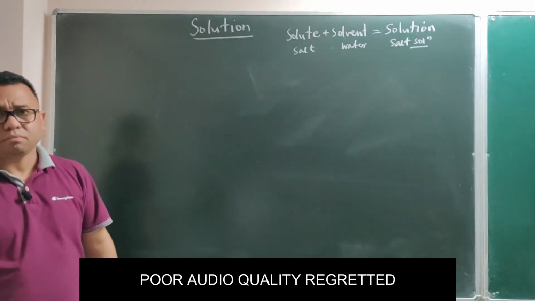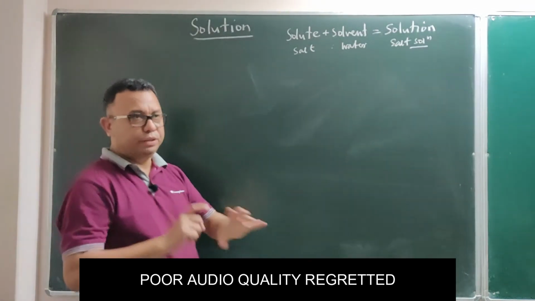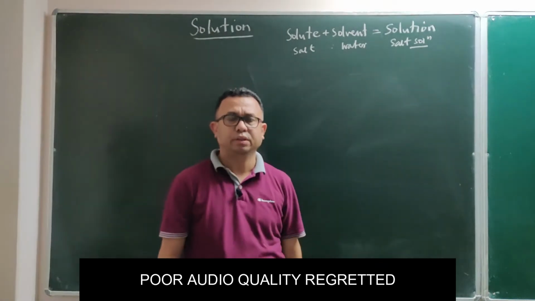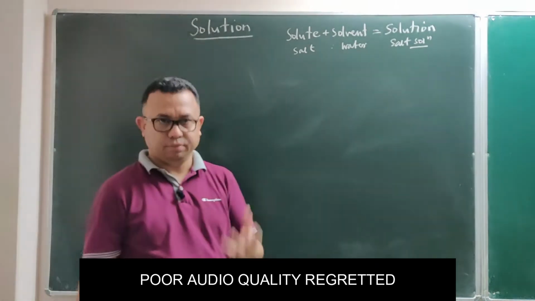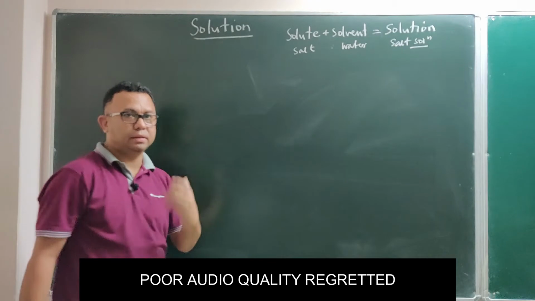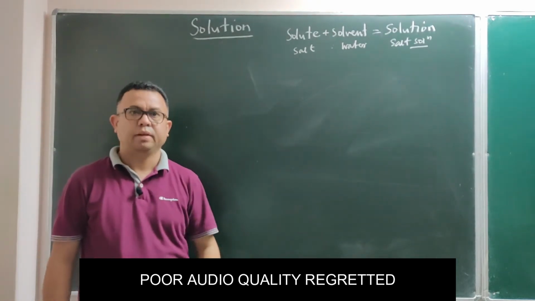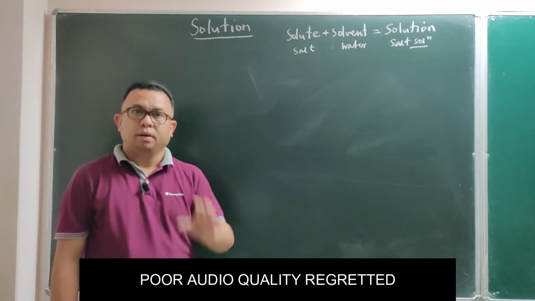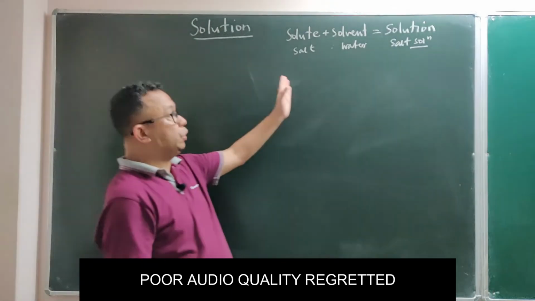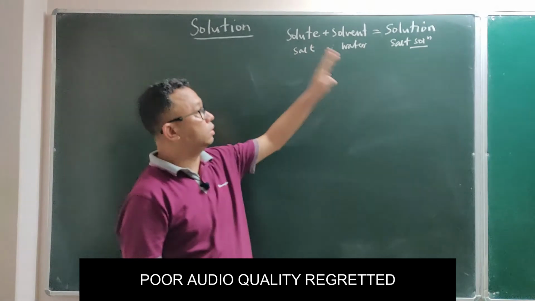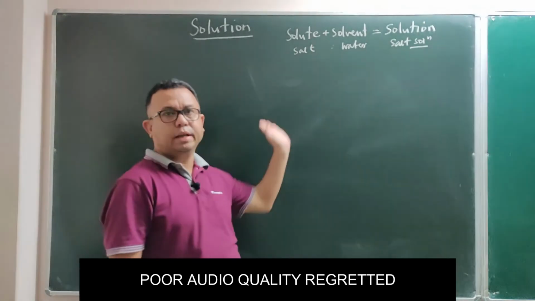That is why when we are classifying solution in terms of its physical state, either solid or liquid or gas, then we say solutions are of 3 different kinds. They are in terms of whether the solute is a solid, or the solvent is a solid, or liquid, gases.